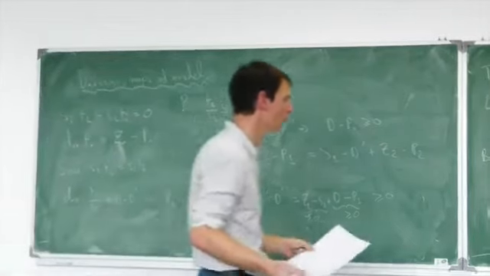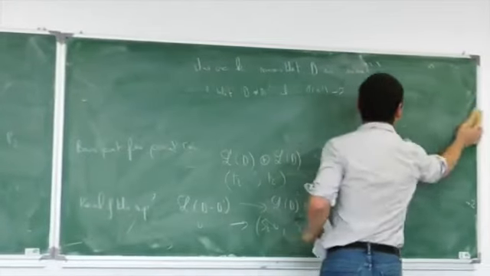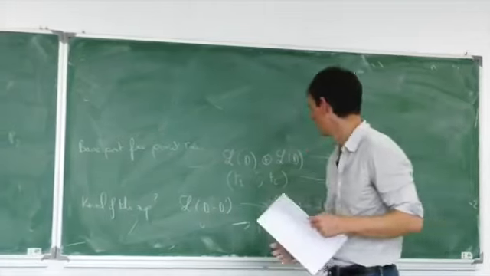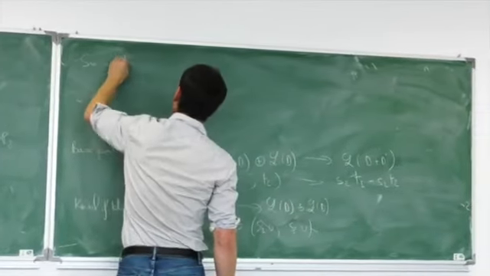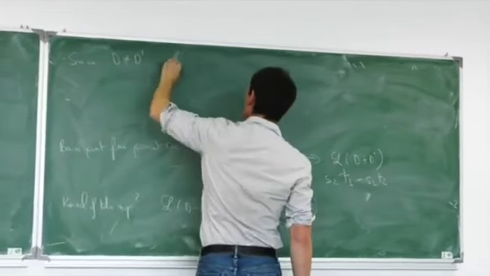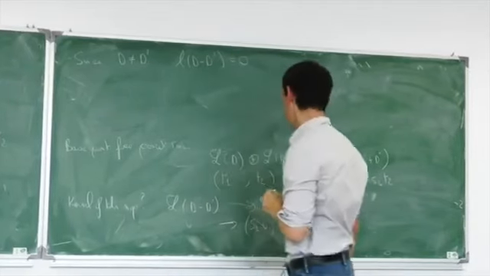Let me just conclude. Now the argument is easy once we have this thing. Since D is distinct from D prime and of the same degree, we have that L of D minus D prime has to be 0.